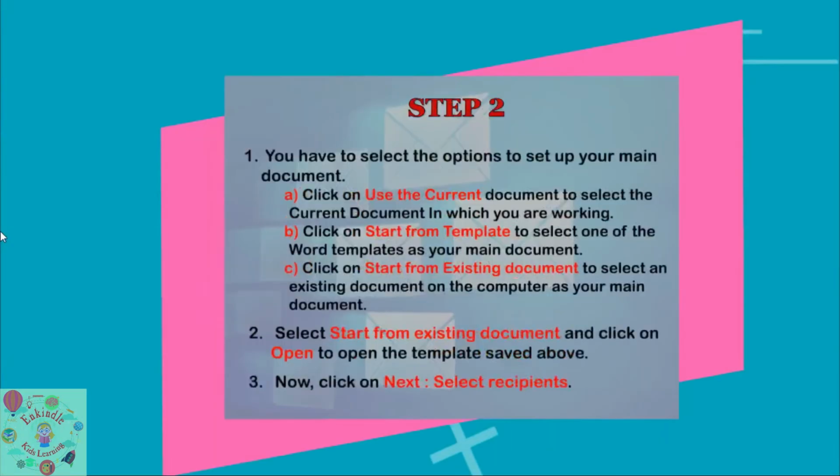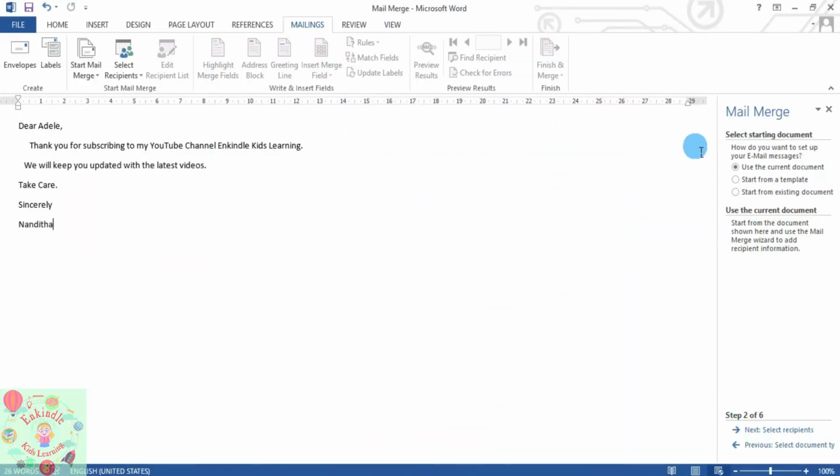What about step 2? Here, you have to select the options to set up your main document. Click on Use the current document to select the current document in which you are working. Click on Start from Template to select one of the Word templates as your main document.